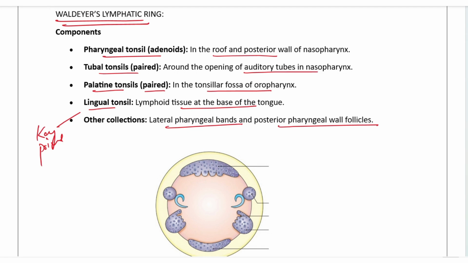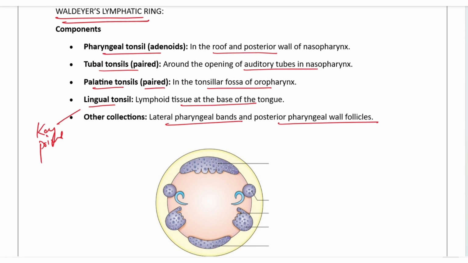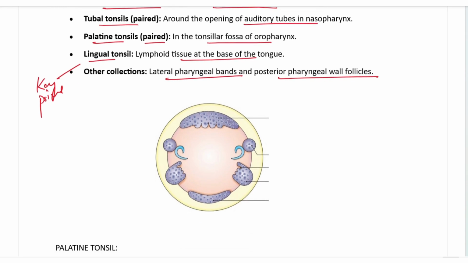Then we'll draw a labeled diagram. These are the nasopharyngeal tonsils. These are the tubal tonsils. They are paired, so we have 2.